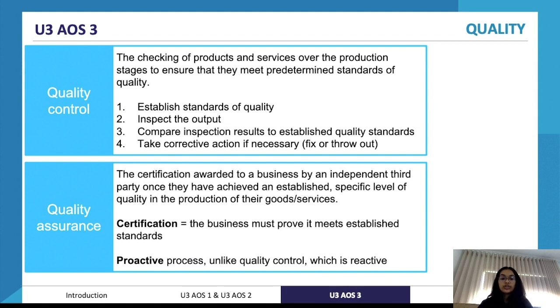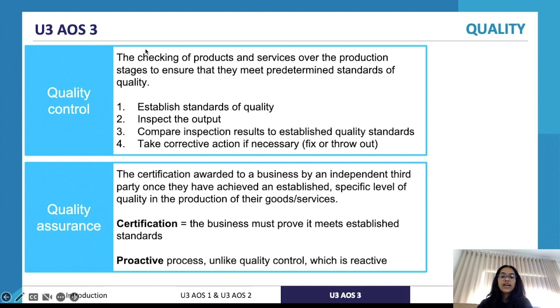So with quality control, this relates to the checking of products and services over the production stages to ensure that they meet predetermined standards of quality. Basically, it's about the business setting benchmarks, conducting inspections to ensure that they meet those benchmarks, and if there are any issues, taking corrective action.